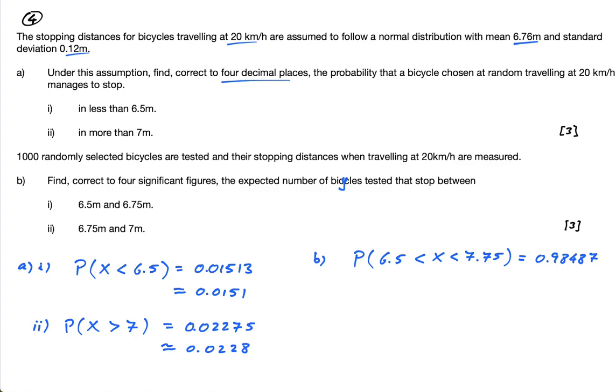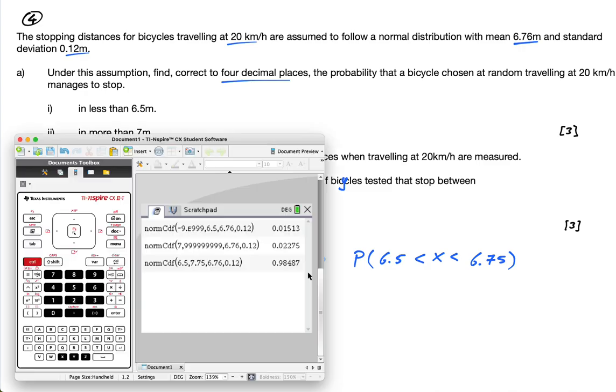That does seem quite high to me. In fact, that's impossibly high because I put in the wrong number. 6.5 and 6.75, sorry. So let's do that again.